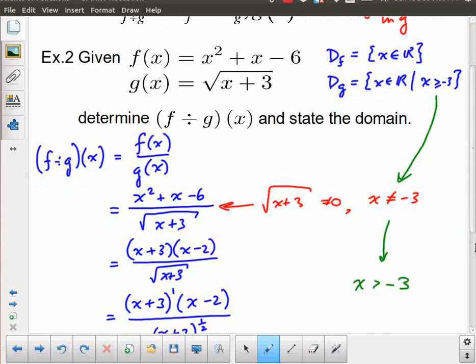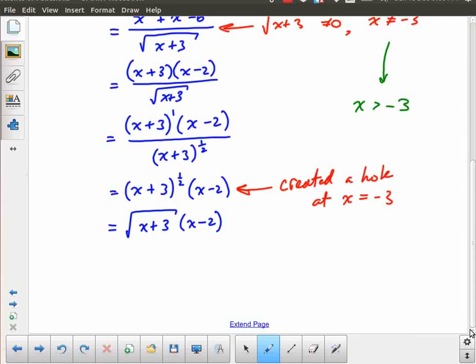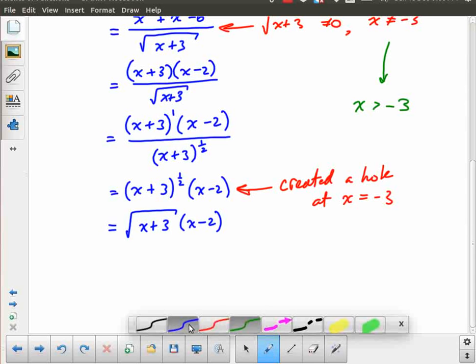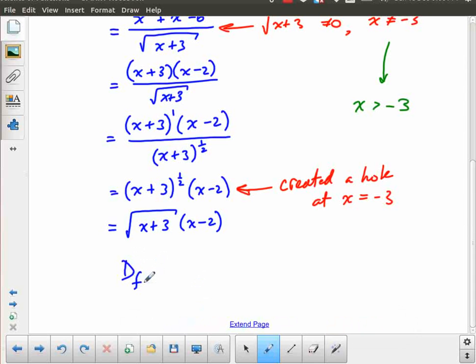And so that's where we end up with our overall domain of f divided by g becomes x member of r. X is a real number, but now I have to say that x is greater than -3, which is that combination that I did before.